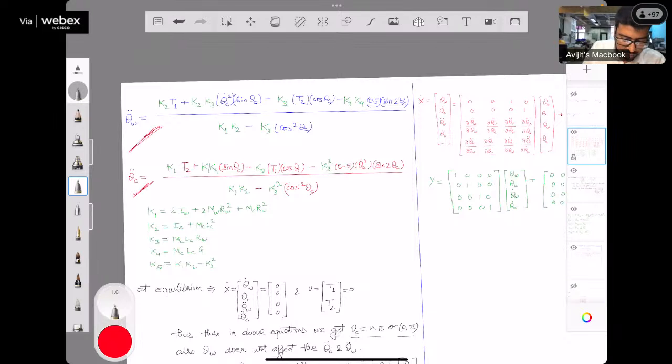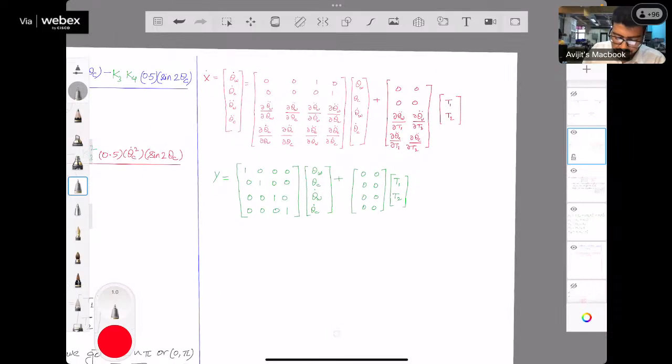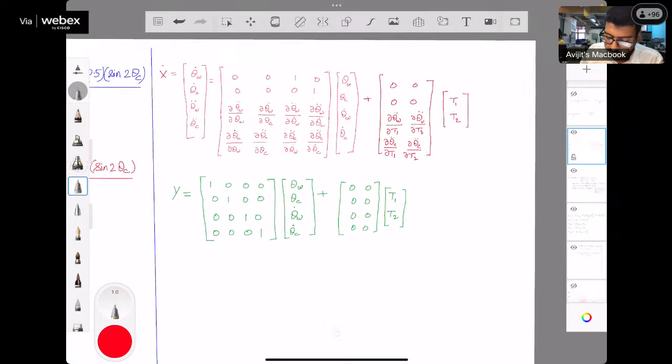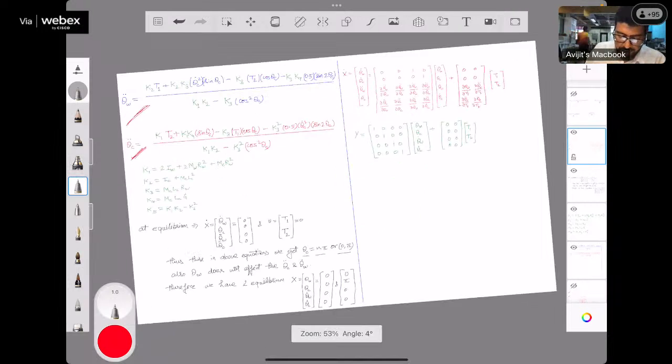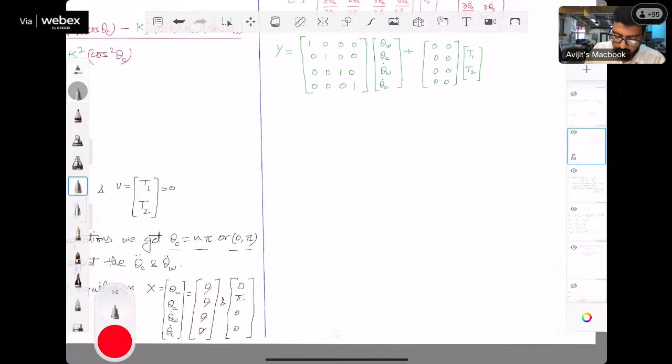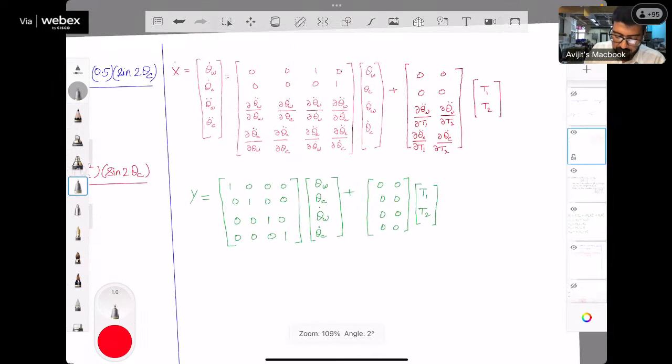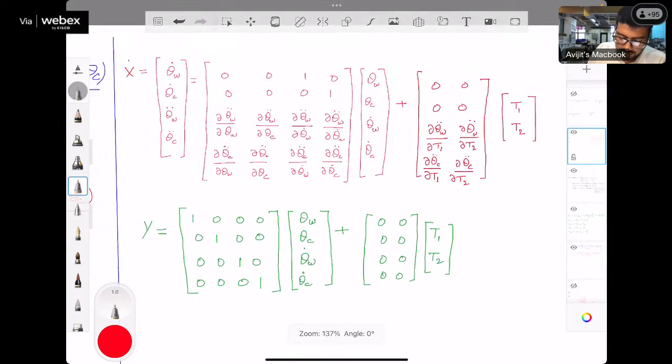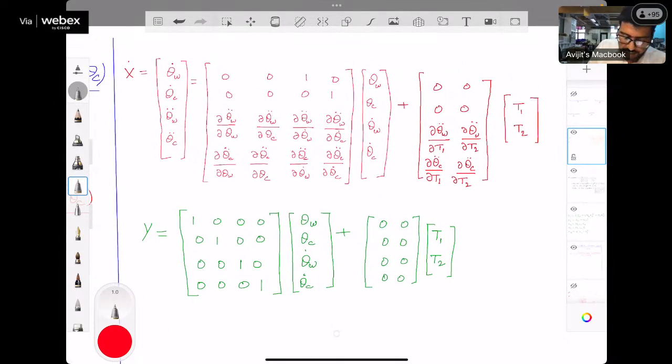we will take Jacobians, and those Jacobians will be taken around the equilibrium points, that is 0, 0, 0, 0. And with that, we will arrive at the final matrix.